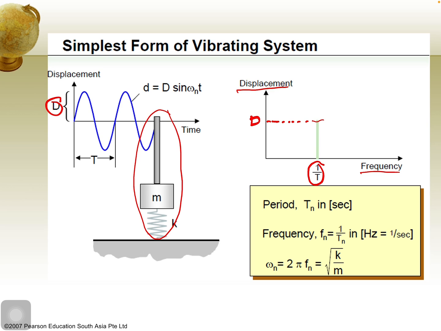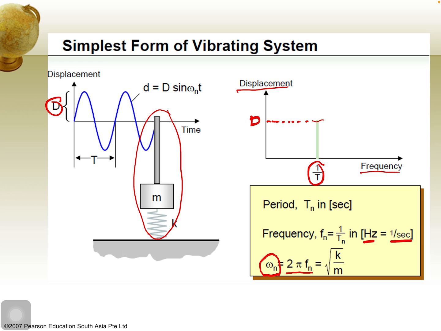So period is in seconds, and frequency, the unit is hertz, which is equal to 1 over a second. Usually we want to calculate this component omega n. We call it natural frequency. This is the equation for natural frequency, 2 pi f.